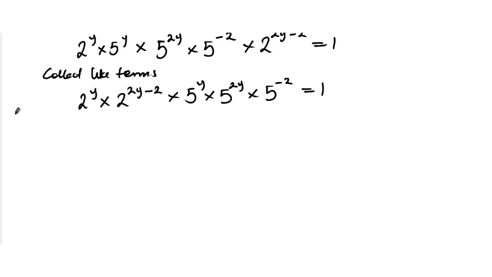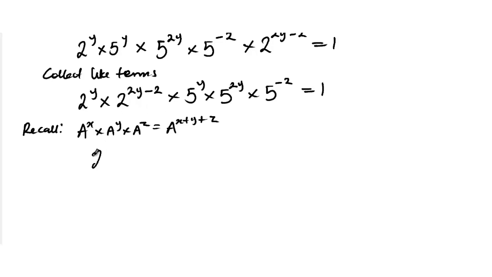From the law of indices, pardon me, if you have a raised to power x times a raised to power y times a raised to power z, it is the same thing as a raised to power x plus y plus z. This is only valid for the same base. So this base and this base are the same.